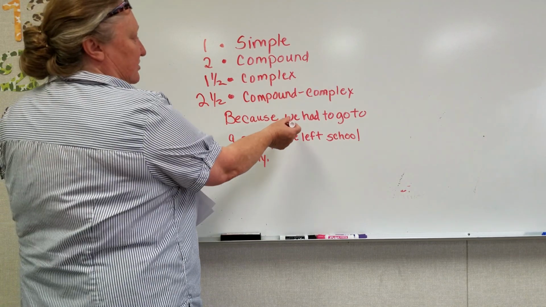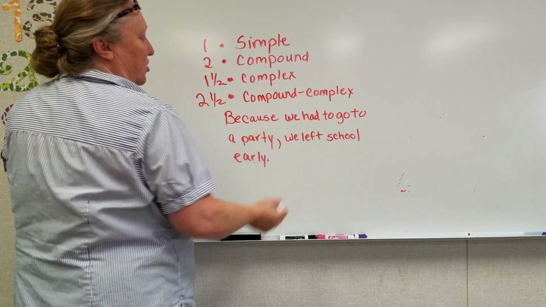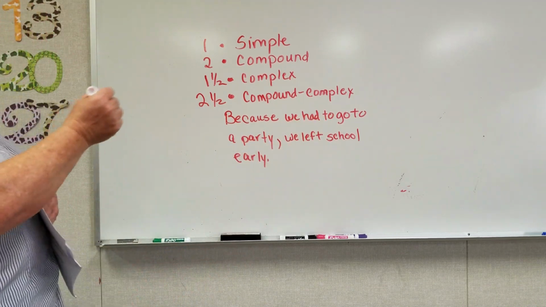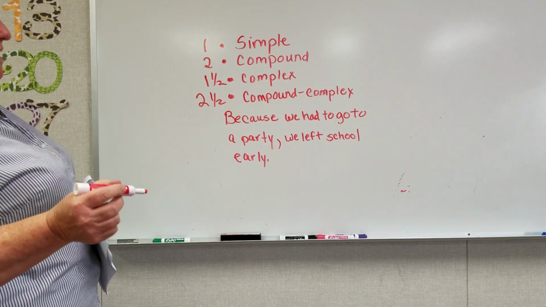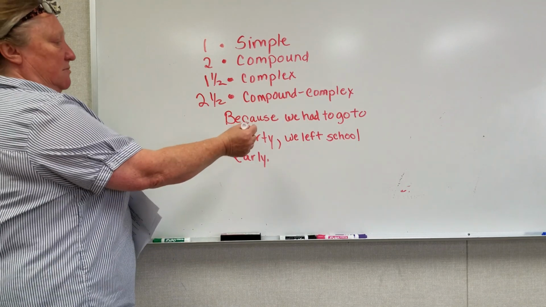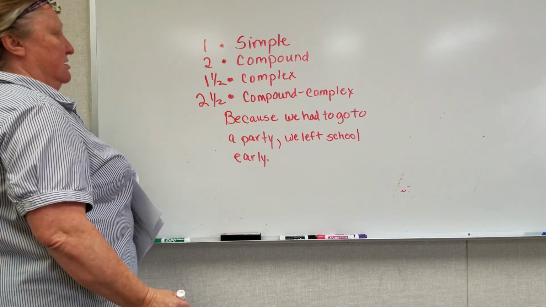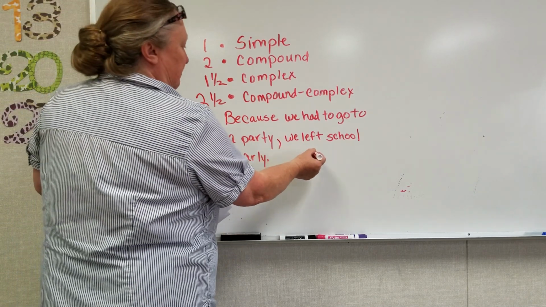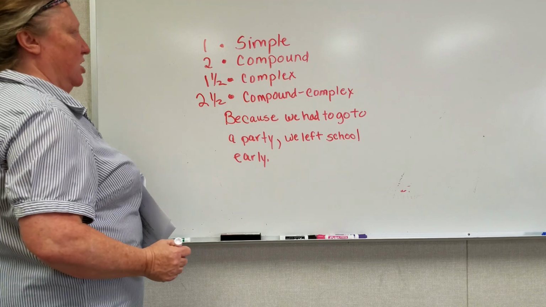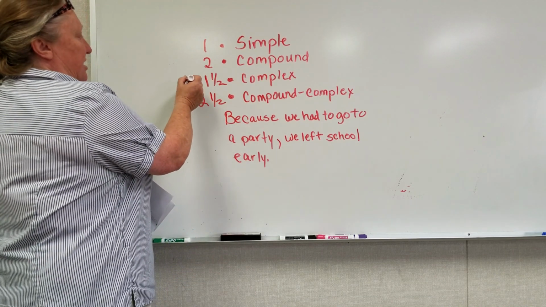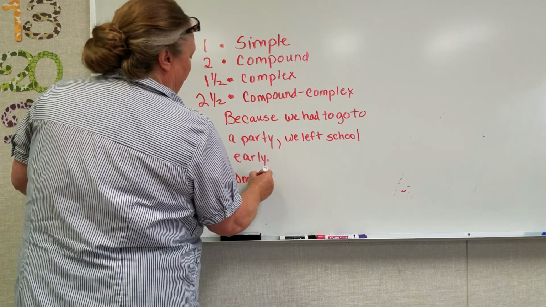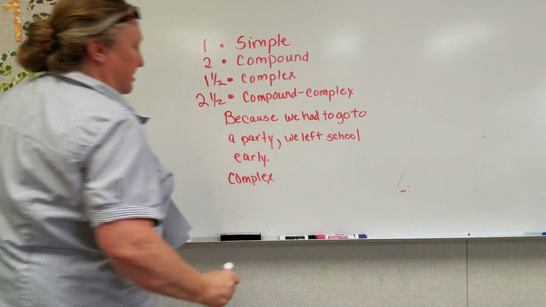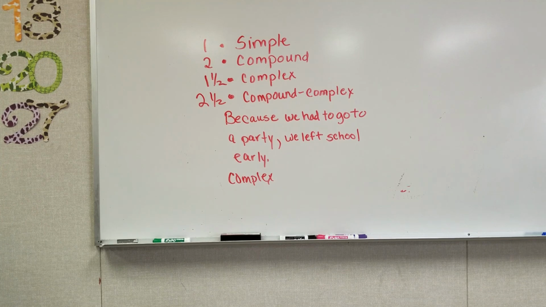We have a subject, we have a verb, but this part could not stand alone as a sentence. It is a subordinate or dependent clause. It's dependent on the main clause to exist. So what we have here is a main clause and a subordinate clause. So here we have a complex sentence pattern. It's like 1.5. It's got a main clause and one subordinate clause.